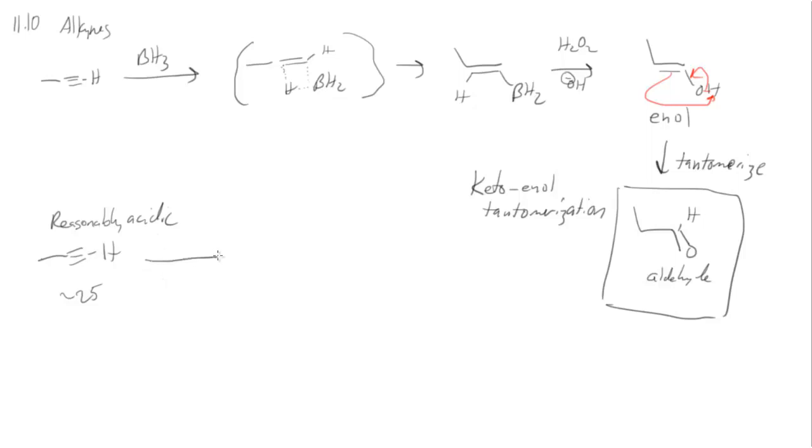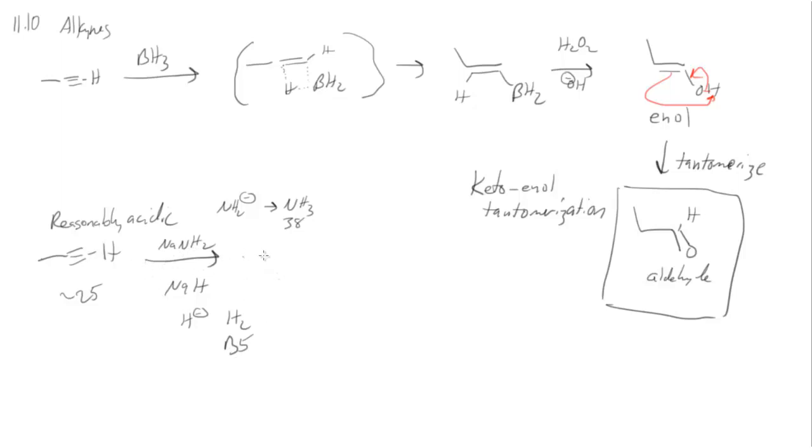If we treat that with a strong base, something like sodium amide, NH2 minus, the conjugate base of NH3, and ammonia has a pKa of about 38. So NaNH2 is a good one. Another one would be sodium hydride. Hydride is the conjugate base of H2, which has a pKa of about 35. So either of those are strong enough bases to deprotonate this.